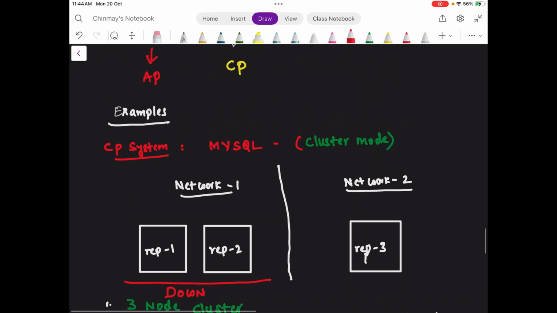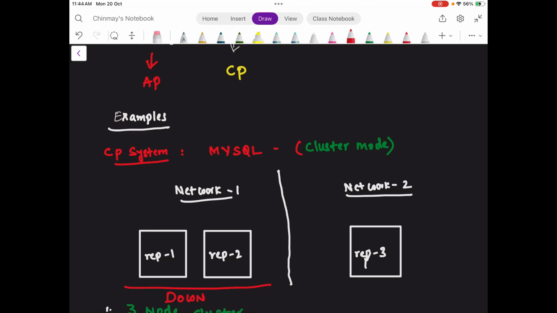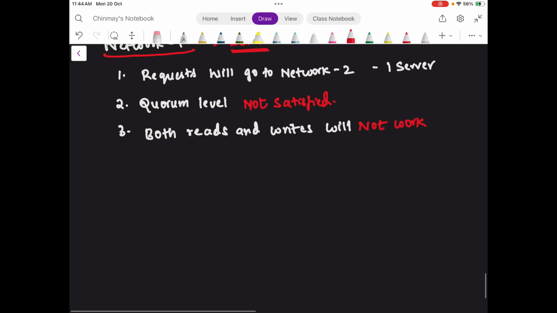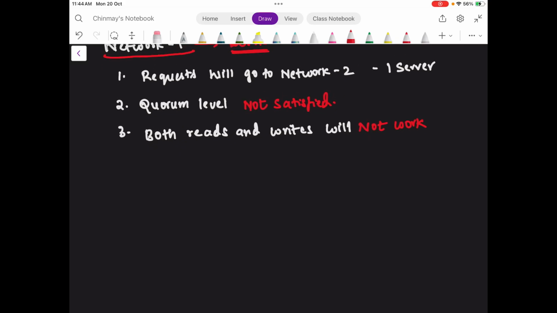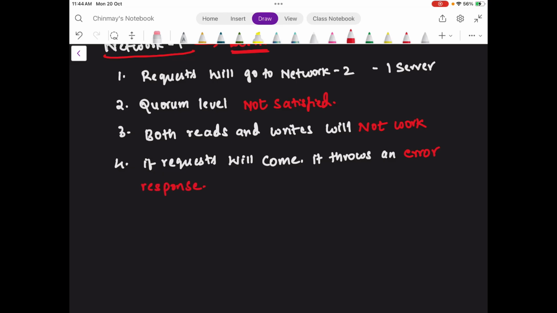If the read request and write request come to the server, it throws an error response.